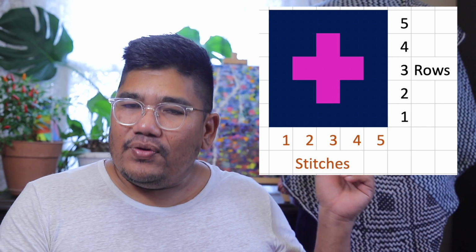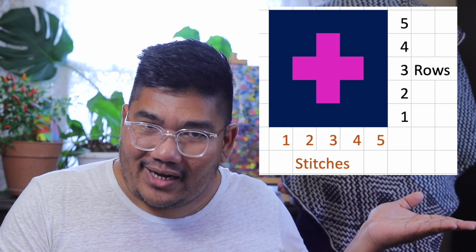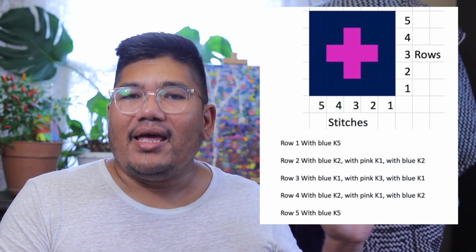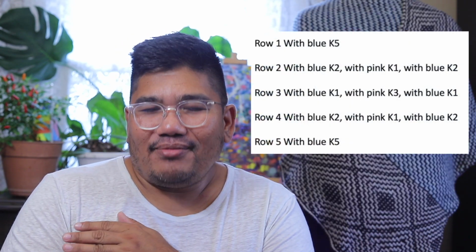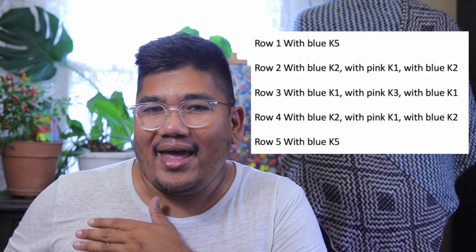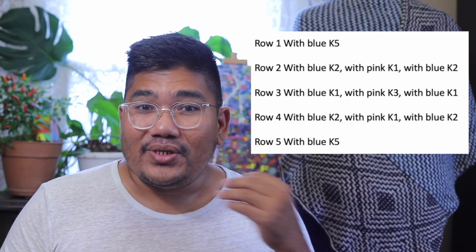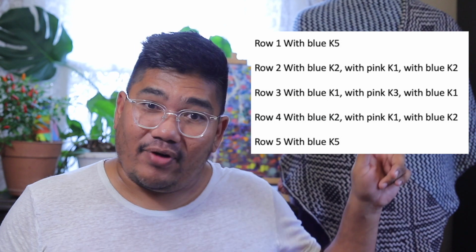So if you see in the chart, we're actually going from left to right. Now, if somebody is a good student, that person might have taken that chart and written the pattern as a sentence, and taken that sentence to someone who is left-handed, and asked that person to knit from the instruction, not from the chart.